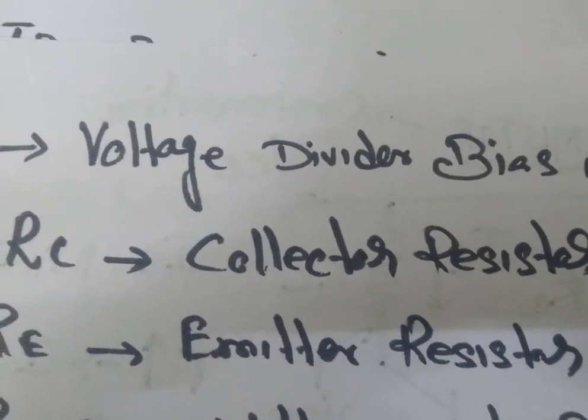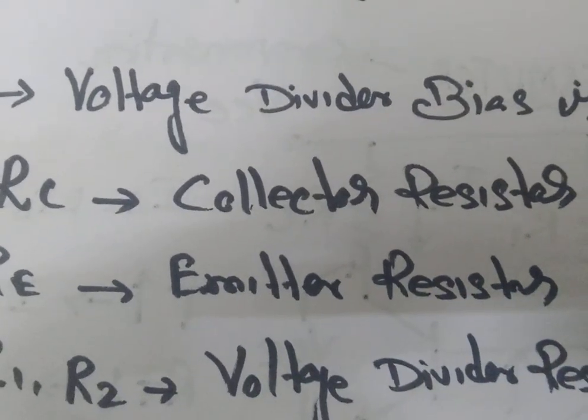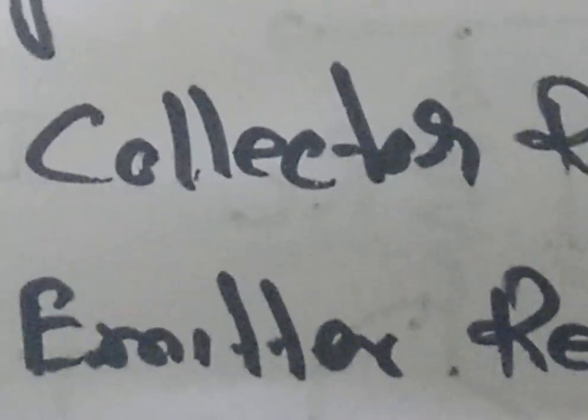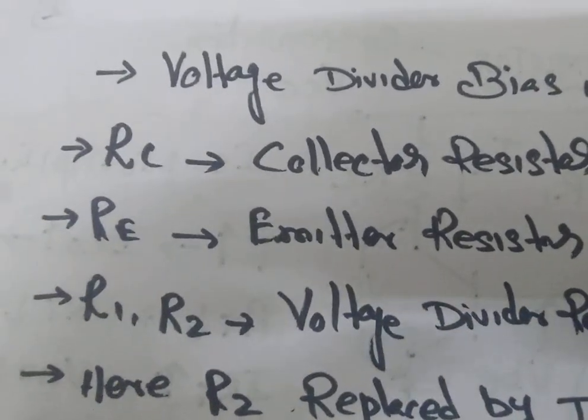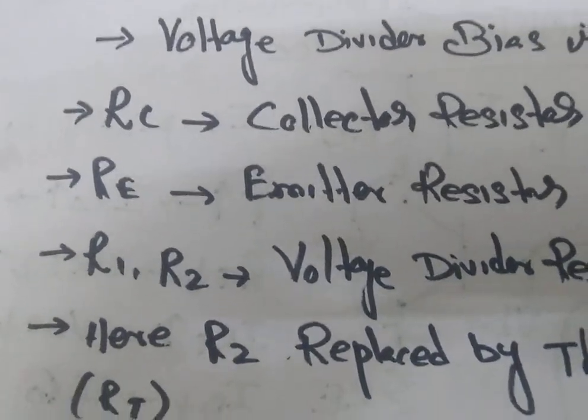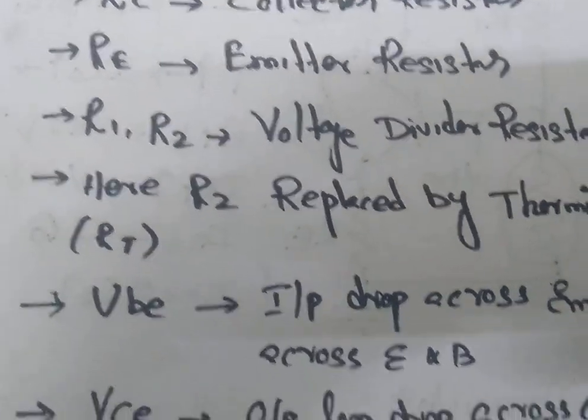Next, RC is the collector resistor, RE is the emitter resistor, and R1 and R2 are voltage divider resistors. Here R2 is replaced with thermistor RT. VB is the input drop, VC is the output drop.